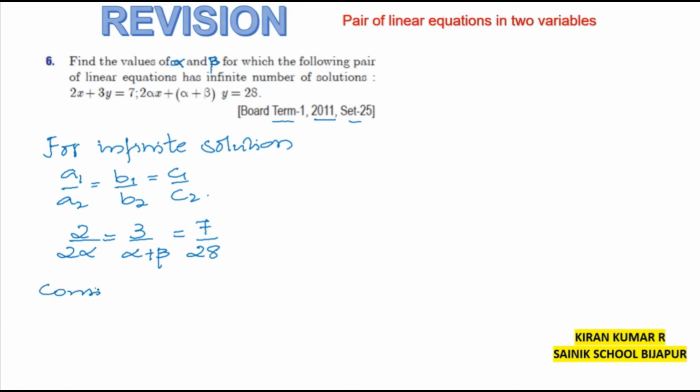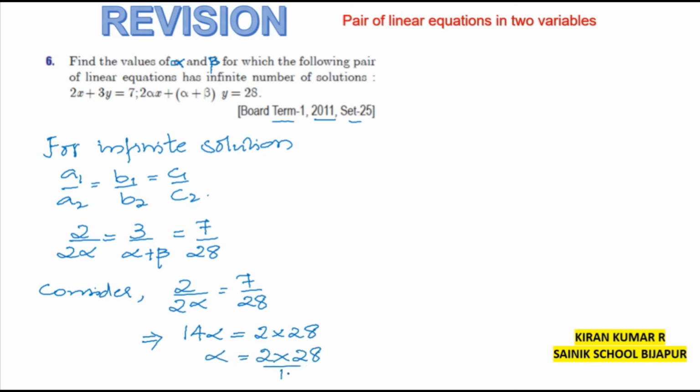Consider 2 divided by 2 times alpha equal to 7 upon 28. If you cross multiply, we will be getting 14 alpha equal to 2 times 28, and the value of alpha will be 2 times 28 upon 14. We get it as 4.